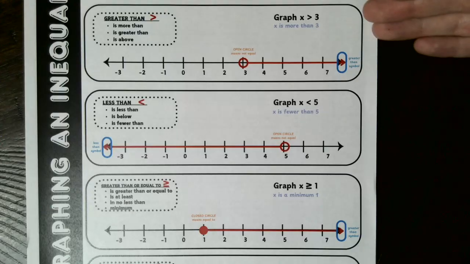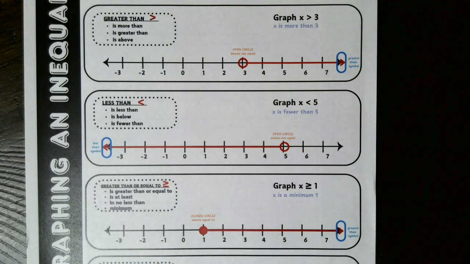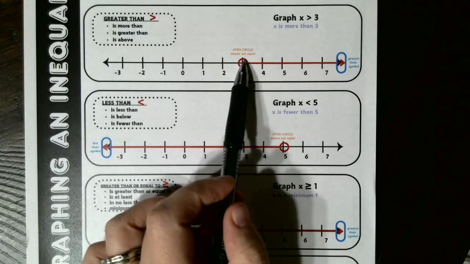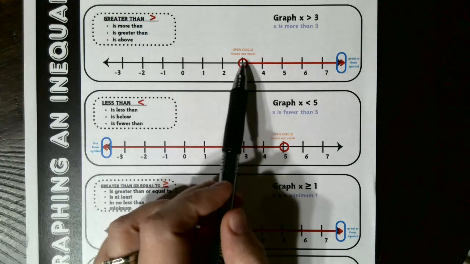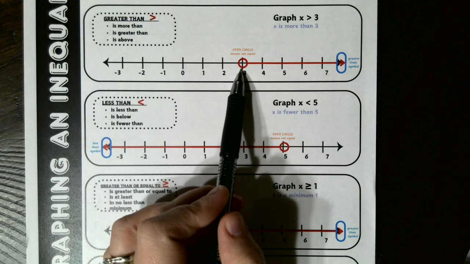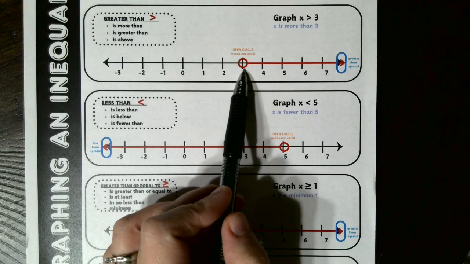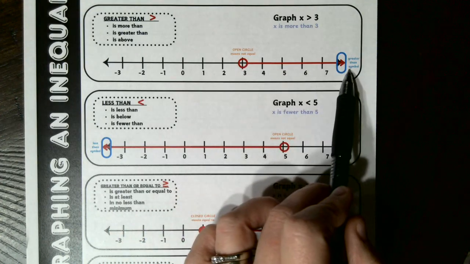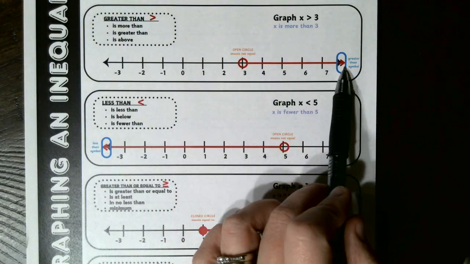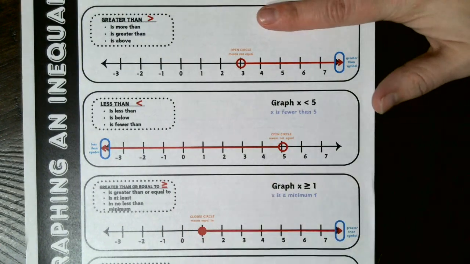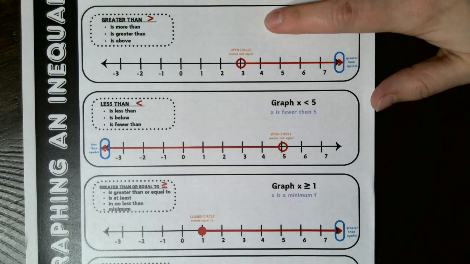Okay, so I graphed x is greater than 3 by putting my circle on the 3, leaving my circle open so that everybody that sees this knows that it is not equal to 3. And then I put my line on my number line going up. If I didn't see this, I'd have no idea what I graphed.